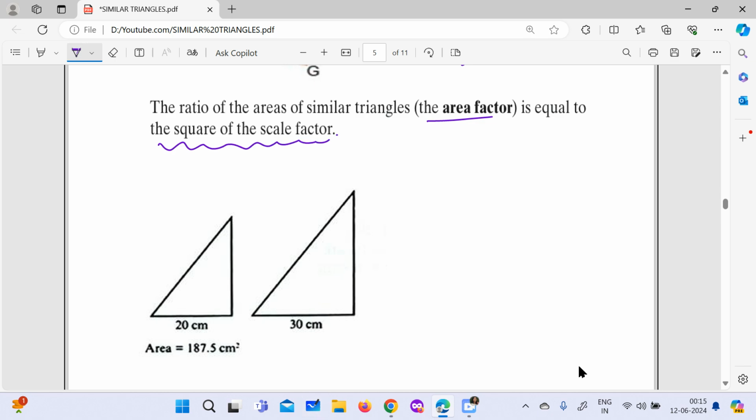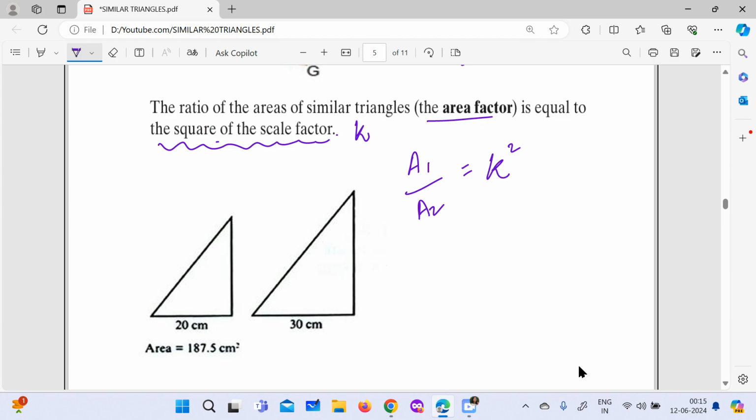So understand this. Ratio of areas of similar triangles: suppose we have area 1 upon area 2. This will be equal to the square of the scale factor. Scale factor we represent by k. So it will be k squared.